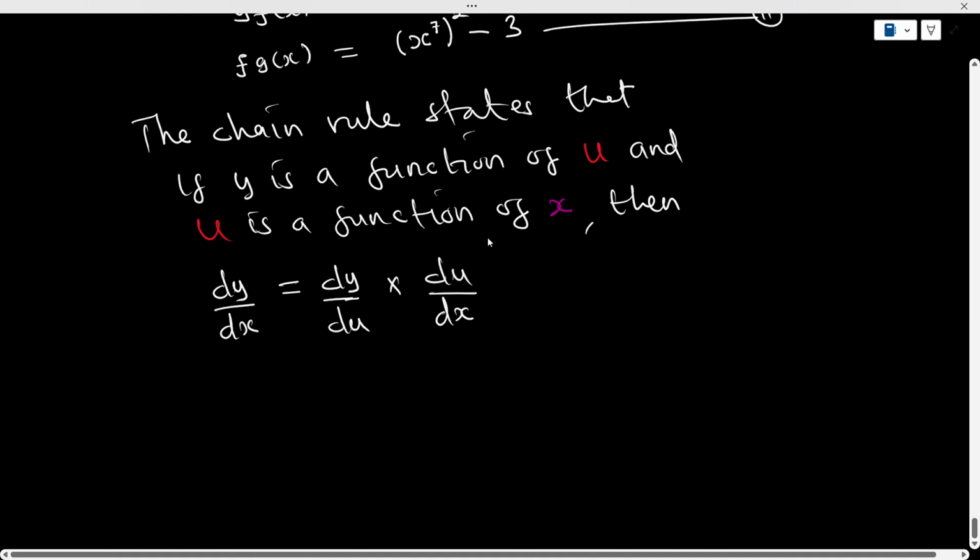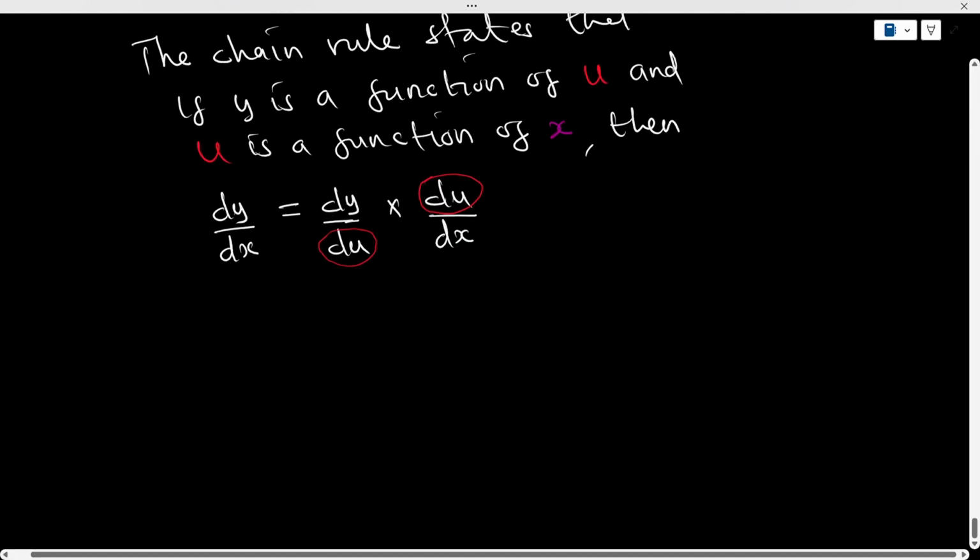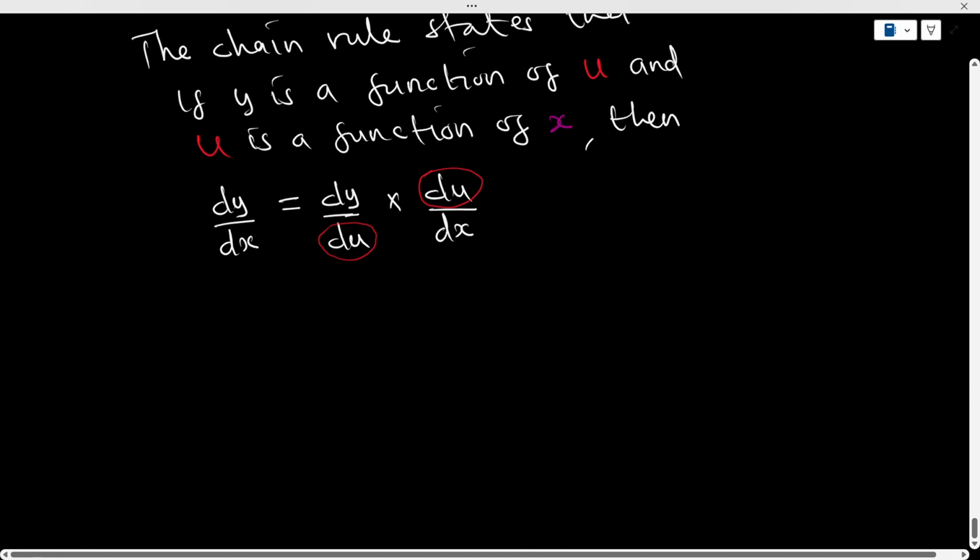You can tell here that this du and du will cancel, and then we'll remain with dy over dx, which is our expected result. That's what we're trying to find, dy over dx.